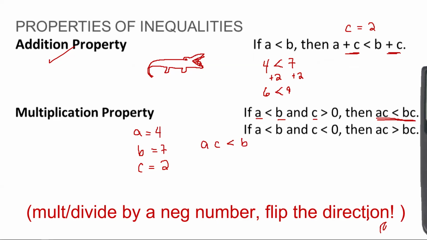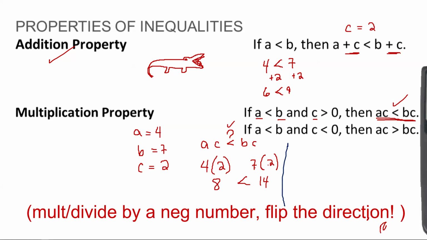They're saying that's less than BC. I'm going to put a little question mark, say, is that true up there? A could be 4, C is 2, B is 7, C is 2, and I multiply this out. 4 times 2 is 8, and 7 times 2 is 14. And yes, indeed, 8 is less than 14. So, that one case doesn't prove it for all cases, but looks like we're on the right path there. That makes sense to me.